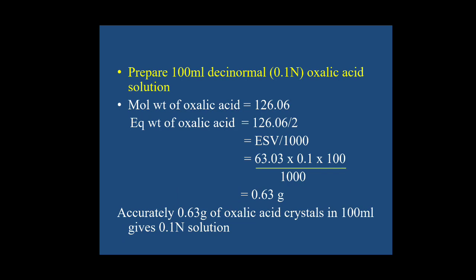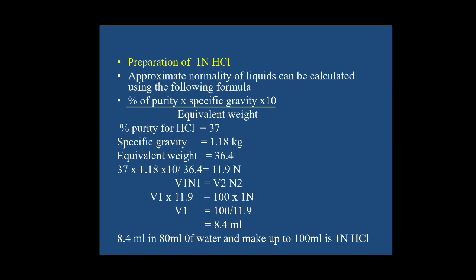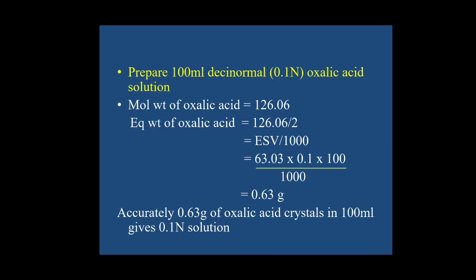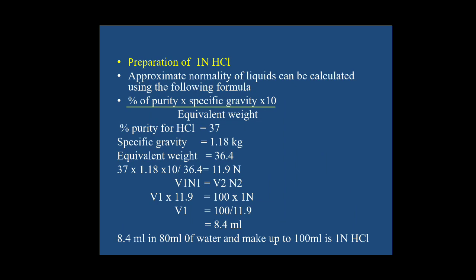E is equivalent weight, that is 63.03, into strength required, 0.1 normal, into volume, 100 ml we require, divided by 1000. So we get 0.63 gram. So 0.63 gram of oxalic acid crystals dissolved in 100 ml of distilled water gives us 0.1 normal solution of oxalic acid. Now similarly, 1 normal HCl.